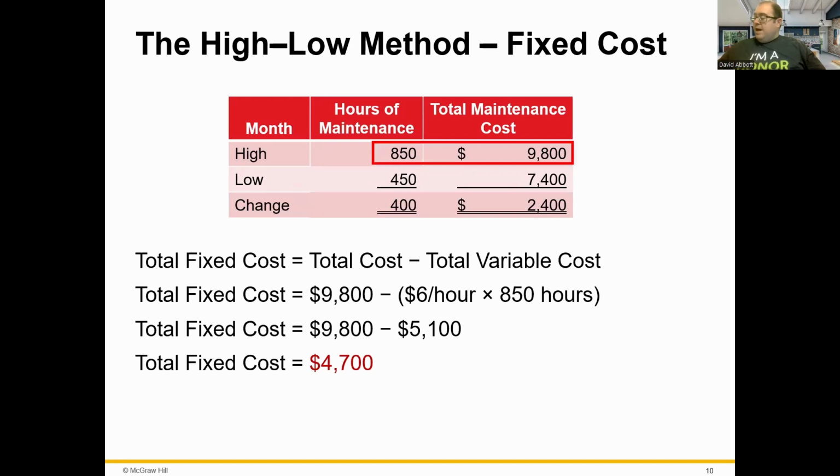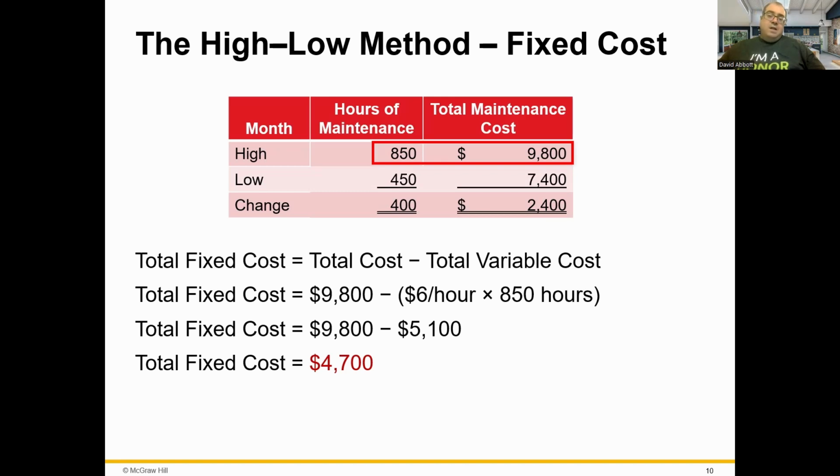So then our third step is to calculate the change in cost between the two data points, which is 2,400. So if we take the high amount, which is 9,800, subtract from that the low amount, which is 7,400, we get the change is 2,400. And then we can divide that by the change in the activity level between the 2 points.